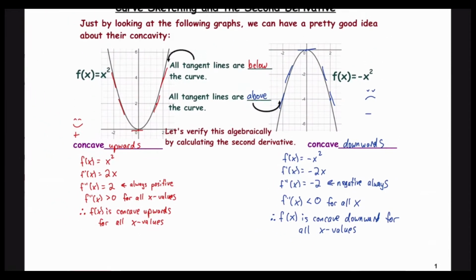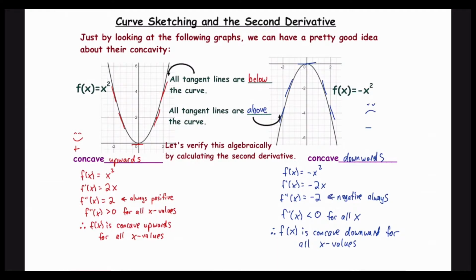All right, so we saw visually by thinking about the smiley face and the frowny face. And we could also confirm mathematically by determining if the value of the second derivative is positive everywhere. Any region where it's positive is going to be concave up, and regions where the second derivative is negative are going to be regions where we are concave down.